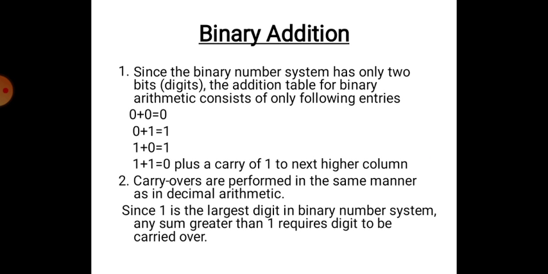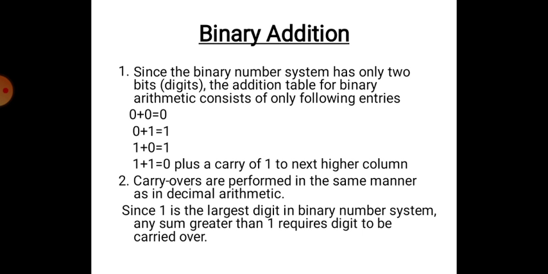Point number 2. Carryovers are performed in the same manner as in decimal arithmetic. Students, you know how carryovers are performed in decimal number system. You have studied in standard second, third. Since 1 is the largest digit in binary number system, any sum greater than 1 requires digits to be carried over.